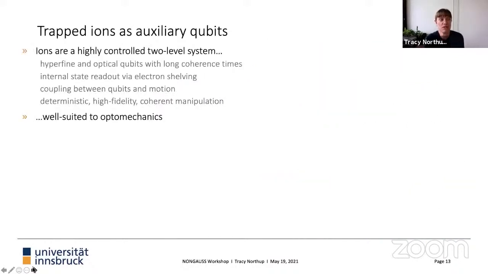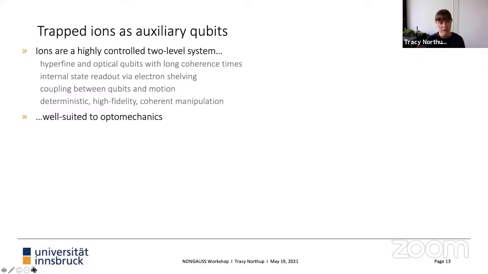So that's the vision. Why would we like to use ions here in particular as auxiliary qubits? Well, if you listened to this morning's talks, hopefully you're already sold on what wonderful quantum systems ions are. Let me just remind you of some of the highlights that you've heard. They're a highly controlled two-level system where you have opportunities for both hyperfine and optical qubits. You've heard about coherence times that go up to an hour in Qon Kim's system.